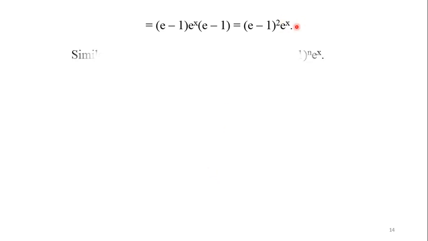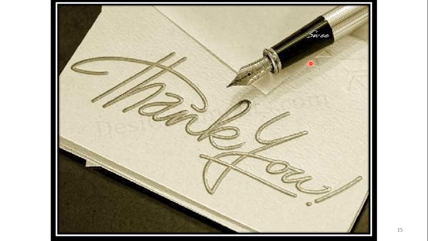Therefore, you can continue this process. Similarly, for the third time you will get the power of e minus 1 as 3, with e raised to x as the common multiple function, and so on. You can continue for n times differencing. By symmetry, you can write the answer as e minus 1 raised to n of e raised to x. Thank you very much.